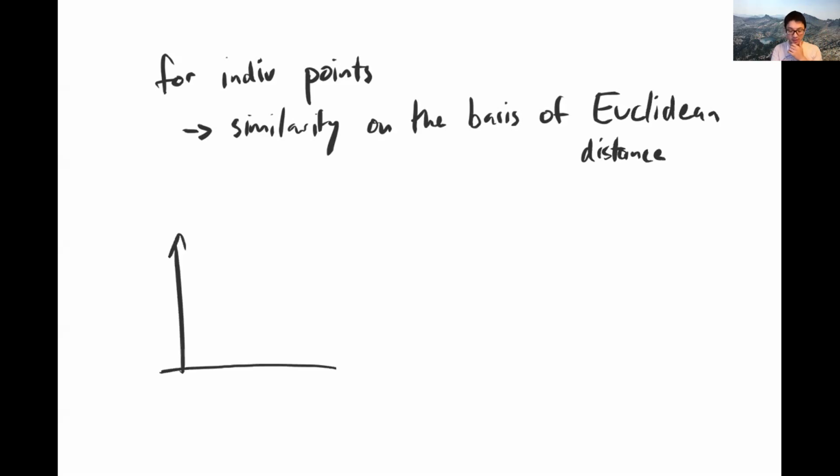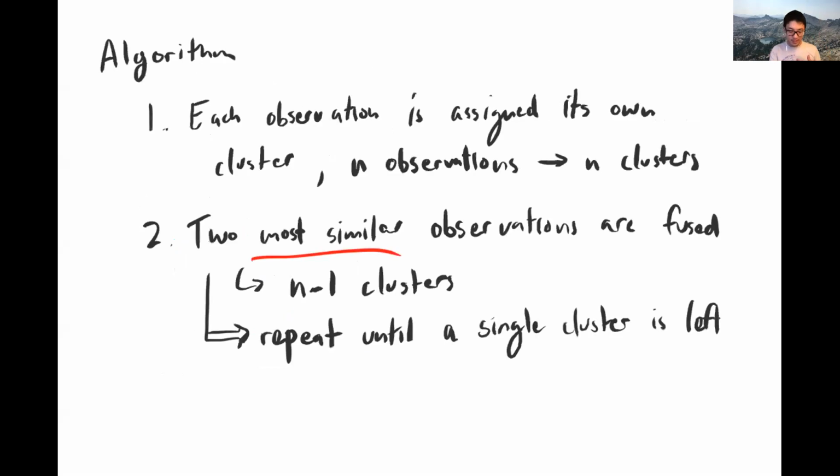So if I have points that look like this, if these two are the closest points, these are going to get fused in the tree. But then you may have a different question, which is, what the heck do you do for clusters? So once I've started moving up in this iteration, I'm going to have points that are being compared against clusters, or clusters getting compared against clusters. So what does it mean for two clusters to be similar?